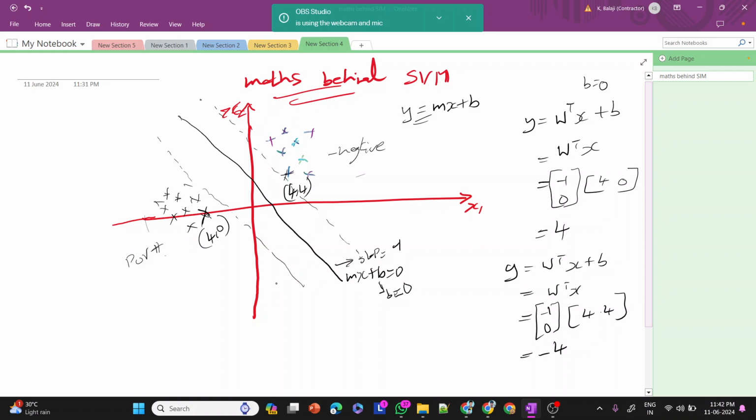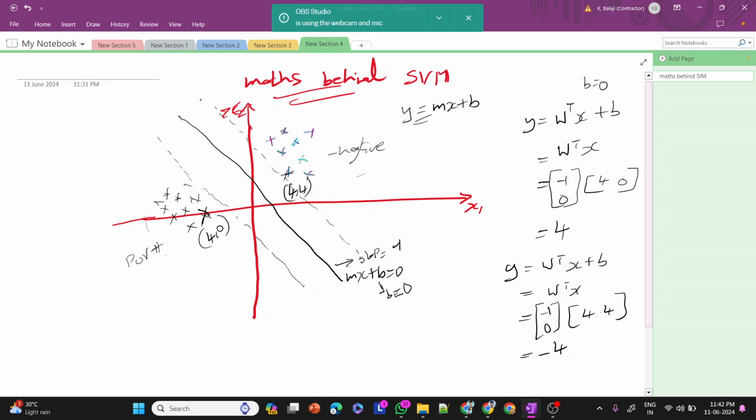Whenever a new data point comes, we need to apply that point into this formula. Whenever that point gets a positive value, it is considered to belong to this group. Whenever the points give a negative output, we consider that they refer to this group.